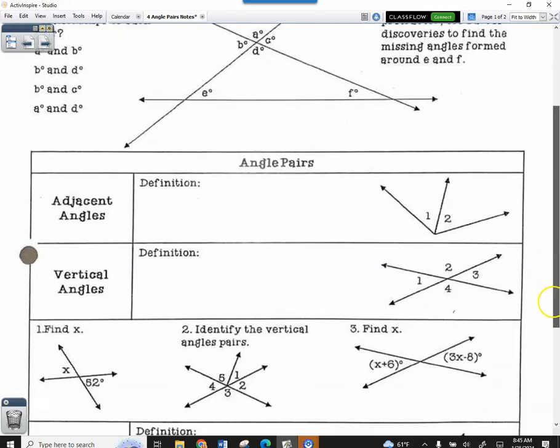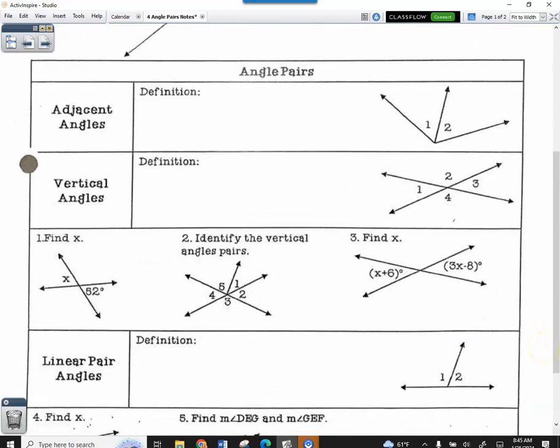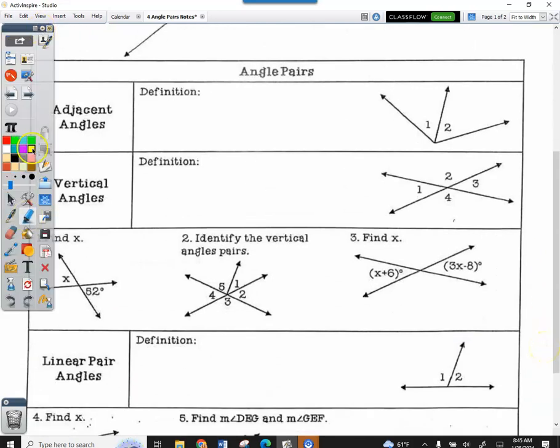So shift down to this section, take your highlighter, highlight adjacent, vertical, and you can go ahead and highlight linear pair angles. I've said it before, I'll say it again.